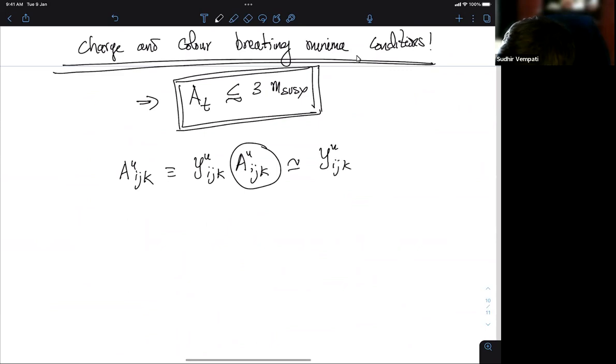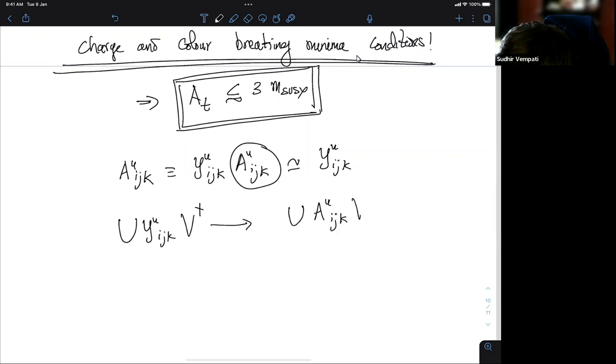So it has the same structure, such that when you diagonalize Y^U_IJK in the standard model, it also diagonalizes the same matrix, also diagonalizes A^U. It's the same thing.